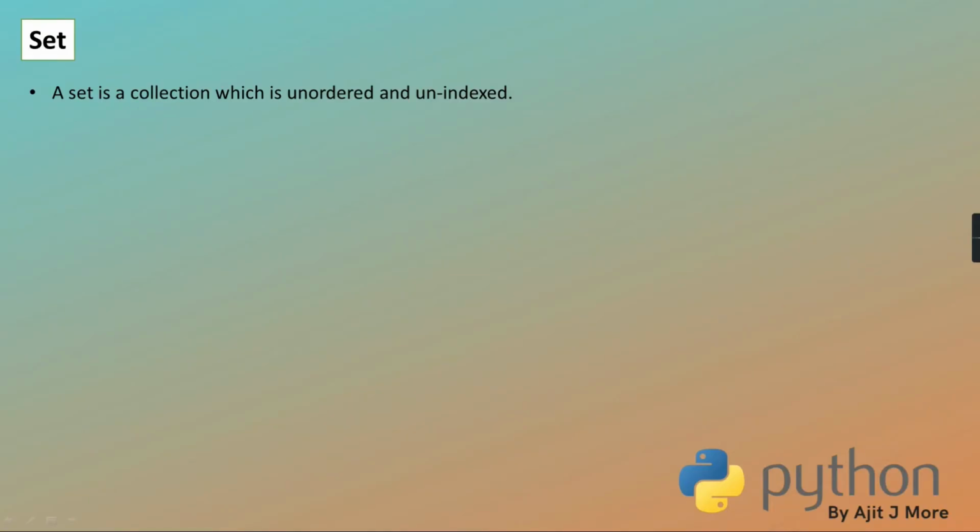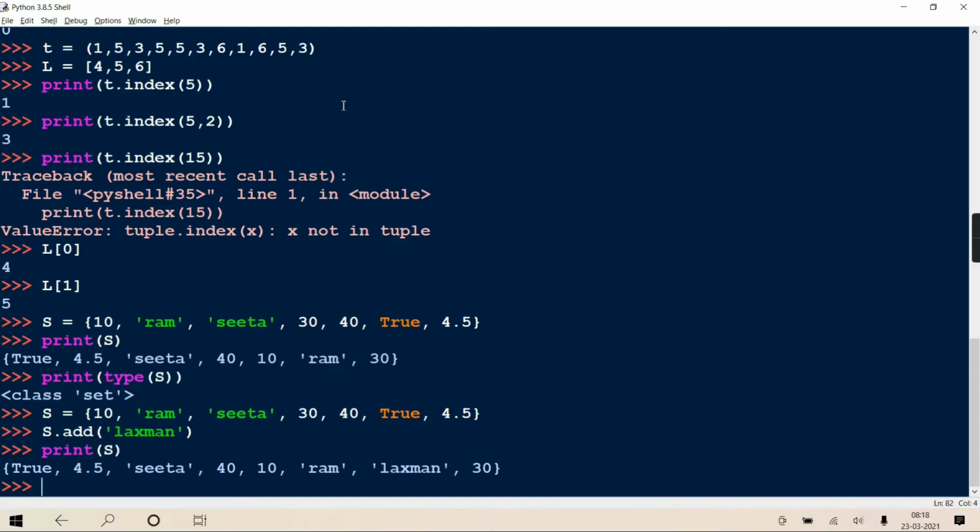Okay. So a set is a collection which is unordered and unindexed. That is the speciality. As it is unordered, we cannot perform the square bracket operation on it. It's called the subscript operation. See, s of 0. Why? Because you may expect s of 0 to be 10, but actually True is there.